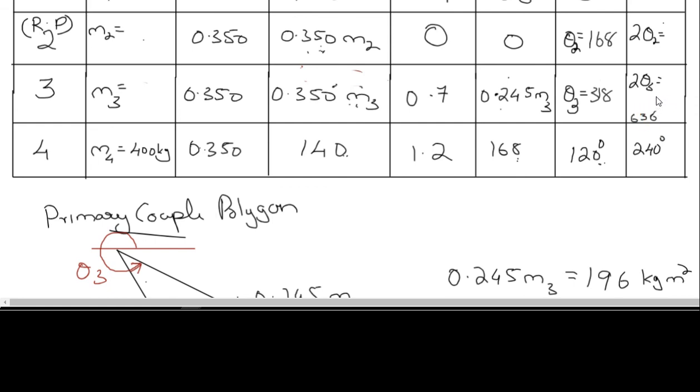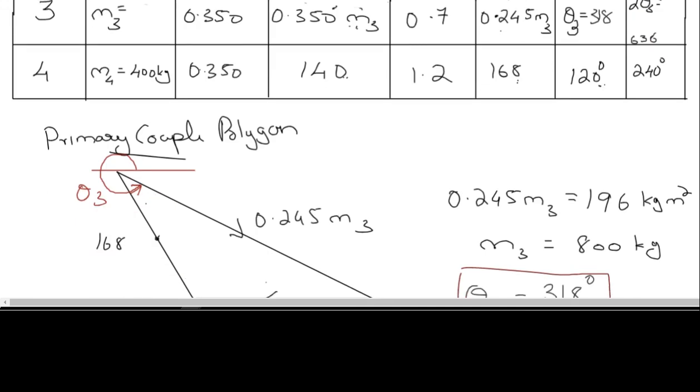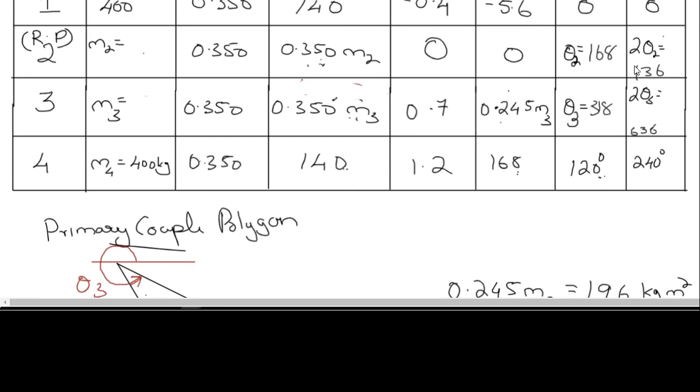636 will be taken as 636 minus 360 when we draw it, because 636 is one rotation of 360 and the remaining angle. And for 168, double of that will be 336, sorry, 236 will be the angle.